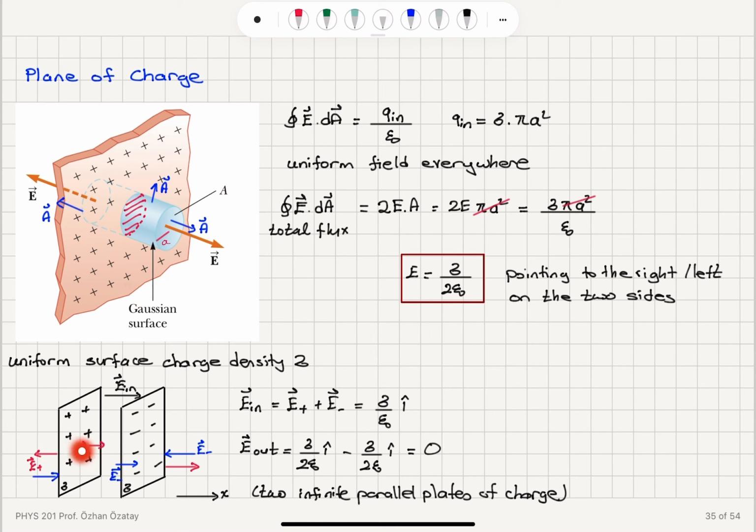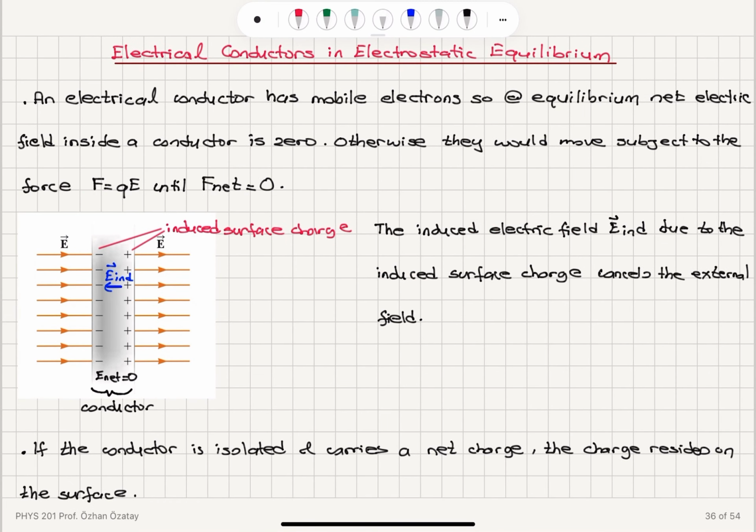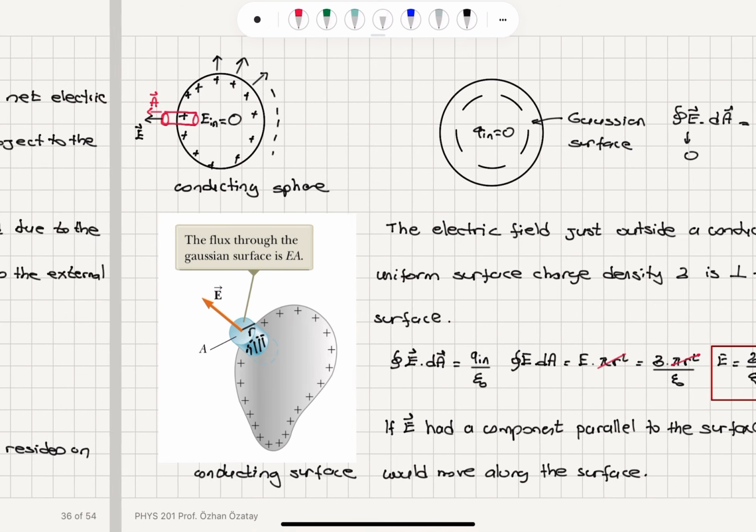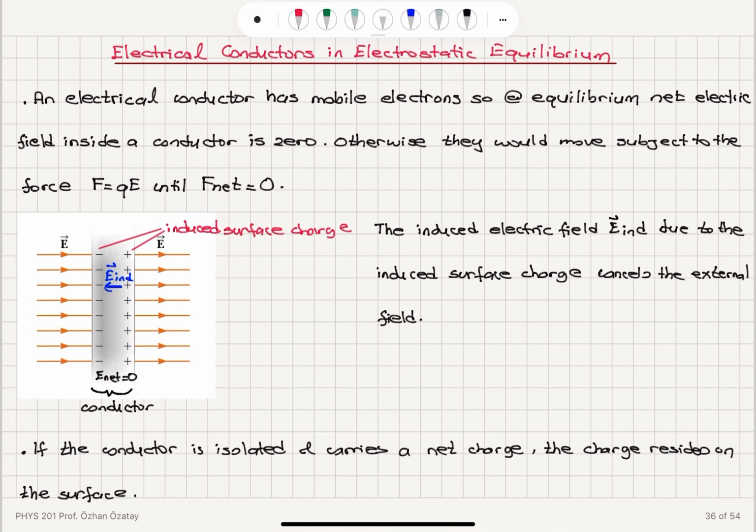So the electric field due to a plane of charge is sigma over 2 epsilon 0. The electric field in between two planes of charge, positive and negative, is sigma over epsilon 0, and the electric field outside is 0. And for a conductor, the electric field just outside the charged conducting surface is sigma over epsilon 0 perpendicular to the surface, not sigma over 2 epsilon 0. Why? Because in this case, the electric field inside has to be 0. That is due to mobile electrons rearranging to get a net force of 0 inside the conductor.